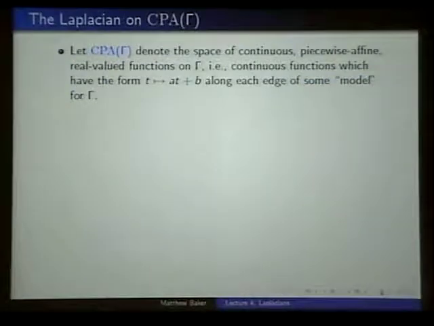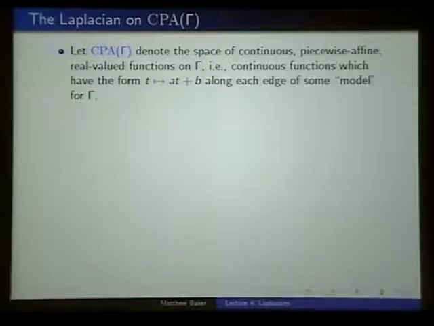So CPA of gamma, I think I introduced this notation CPA in the context of Berkovich space before, but CPA of gamma would be these continuous piecewise affine functions on gamma. So real valued functions which along each edge have the form at plus b.